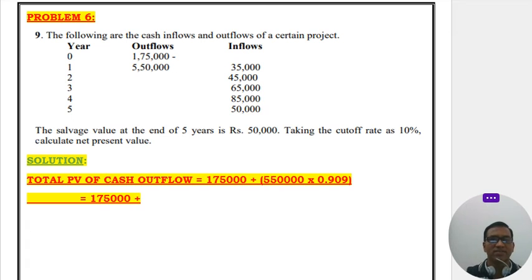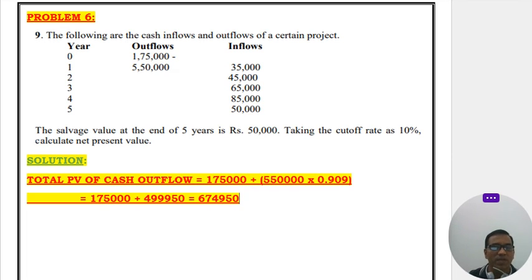That equals 175,000 plus 550,000 multiplied with 0.909, that is 499,950, plus 175,000. 674,950 is the cost of the project.